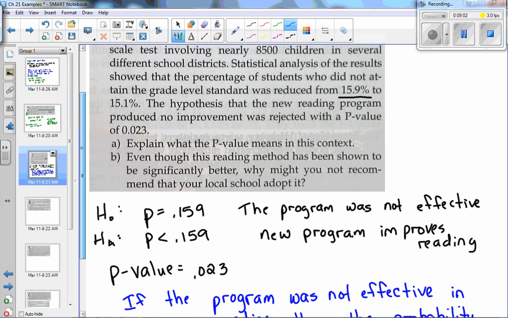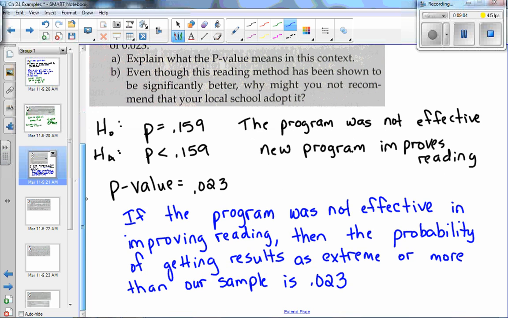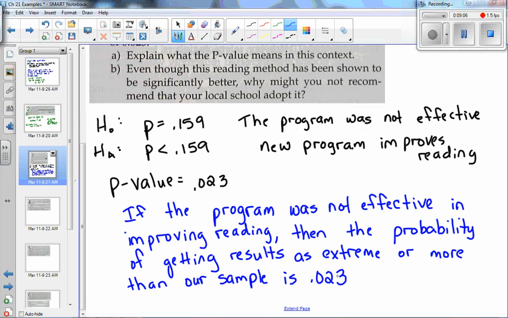Sometimes having a really large sample size can lead us to a result that is significantly different, which we've shown with a very low p-value, but it's not really practically important. So you do have to stop and think about things like that. For example, a new reading program would probably be very costly to the school district, and the gains that you might see wouldn't be significant enough to make it worth all the extra money.